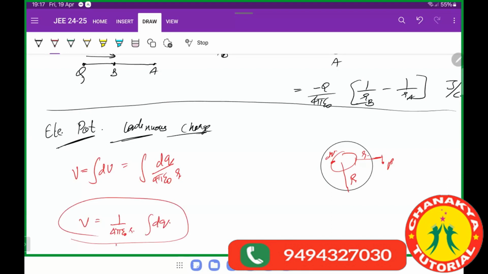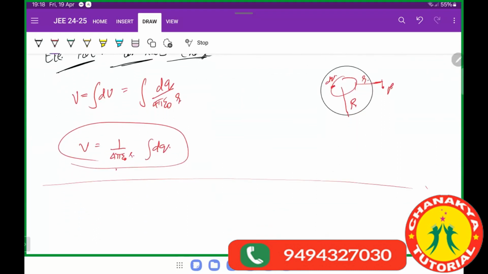Now, if it is this for one charge, and if we have a system of charges, then instead of dq we will have a summation: Q1 by R1 distance plus Q2 by R2 and so on. So it will become summation of Qi by Ri. So nothing big here.